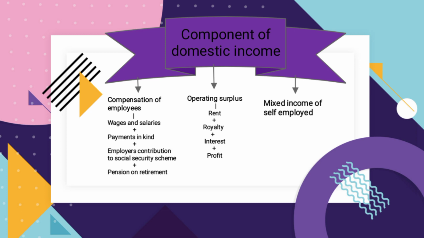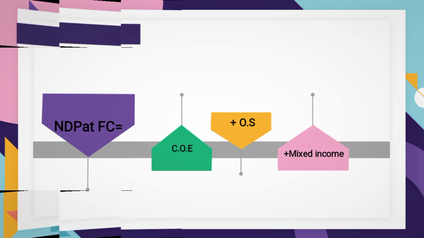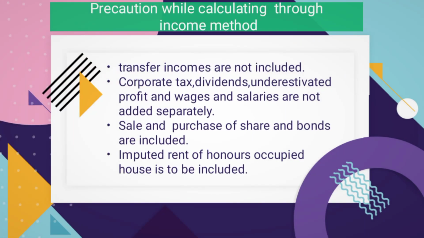Mixed income of self-employed is the service, or we can say charges, that we do not charge because it is our own property. So our formula is NDP at factor cost equals COE, that is compensation of employees, plus operating surplus plus mixed income.